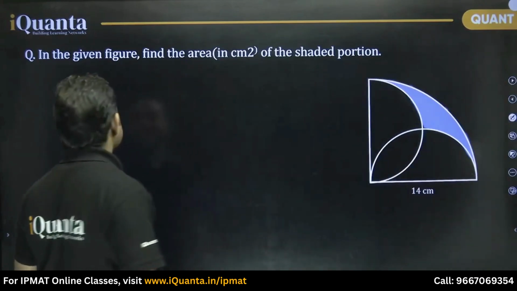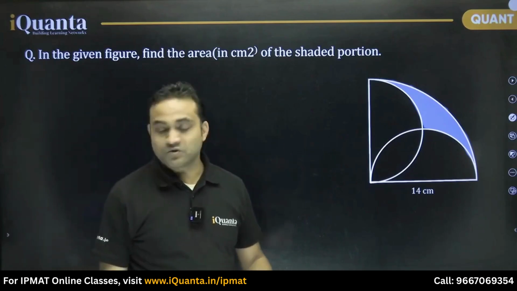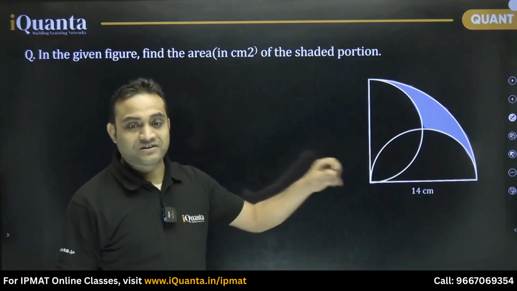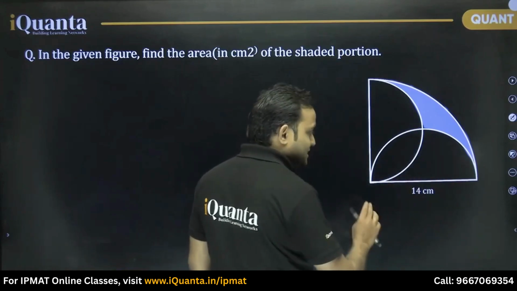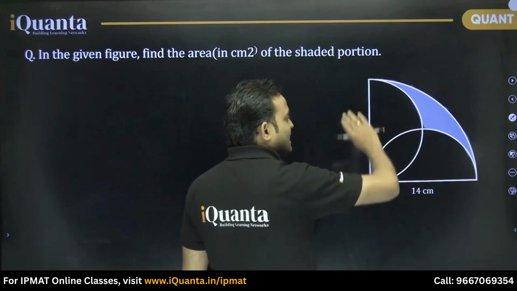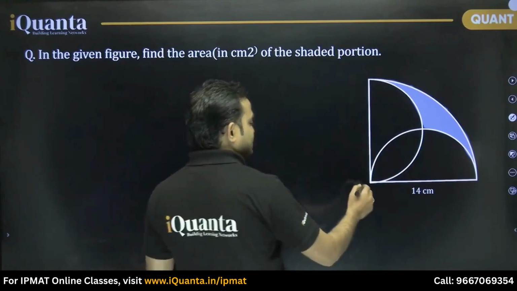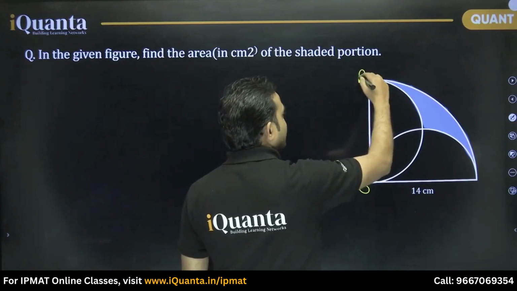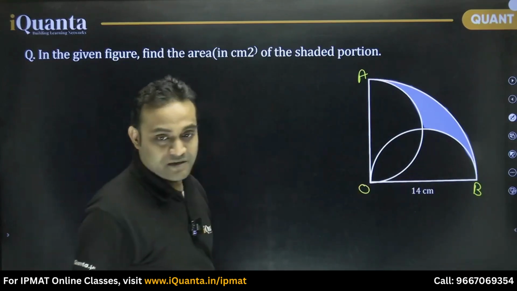Next question, it says in the given figure, find the area of the shaded region. We need to find the area of this shaded region, where this is a semicircle, this is also a semicircle, and this is a quarter circle. Okay, so if I say this is O, A and B, the diameter is 14 centimeter.